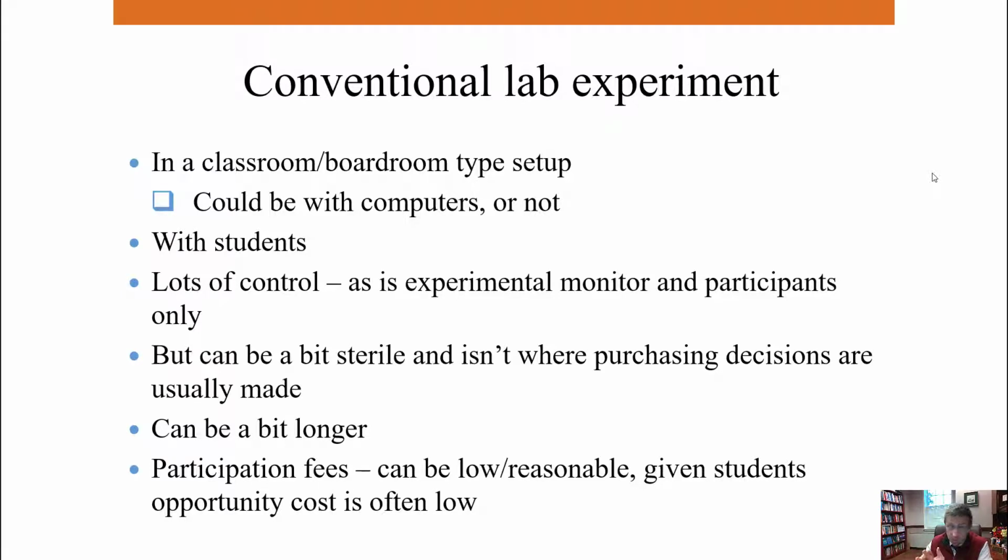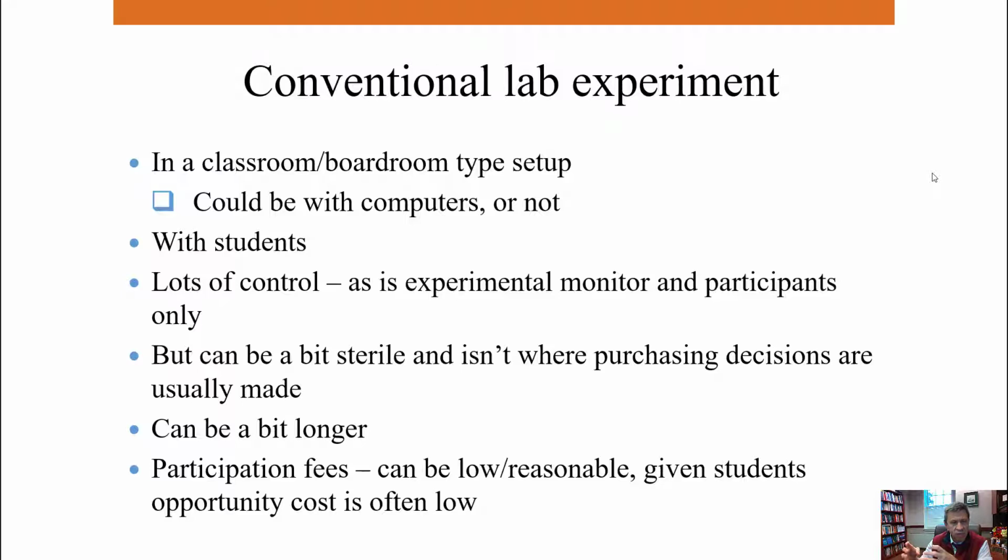You could be using computers to collect the data, or many of the times that I've done this, we've just done pen and paper, had people fill out their information on bid sheets and turn them in. Conventional lab experiments are with students. Now, there's a ton of control, right? Because everybody's in a room, and the experimental monitor and the participants are the ones in the room. So the experimenters can really control a lot of what's going on in there.